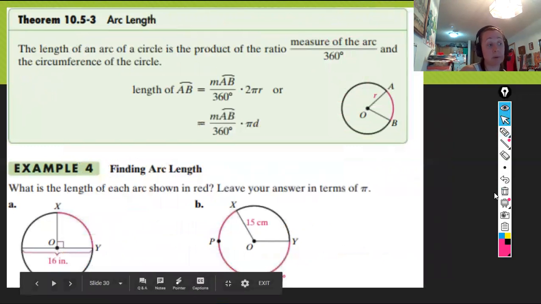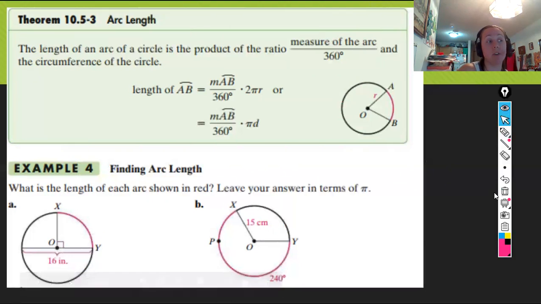Okay, now we have to talk about arc length. So they might ask you to find the arc length, the length of an arc. So not the arc measure. This is different. It gets real tricky, so I'm Googling the difference between arc length and arc measure.